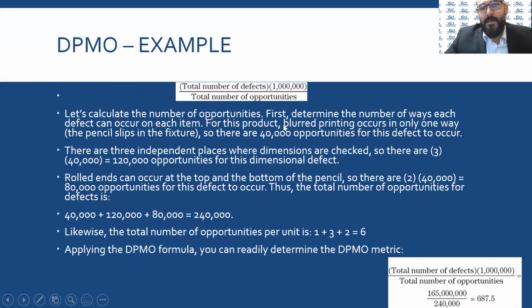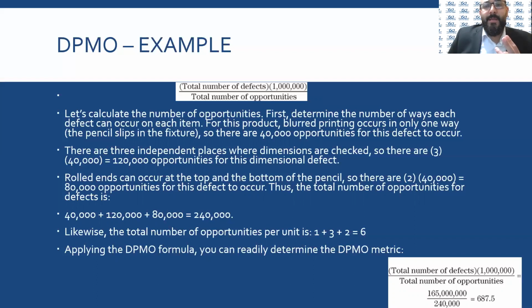For this product, blurred printing occurred in only one way. So there are 40,000 opportunities. We have three types of error. One is the printing, something wrong with the printing, not clear, blurry printing. So this would be 40,000 opportunities.